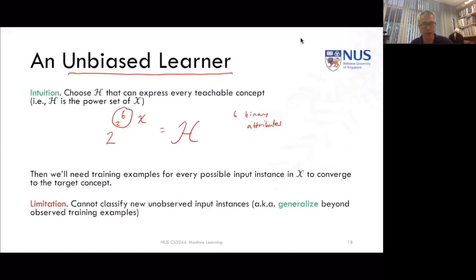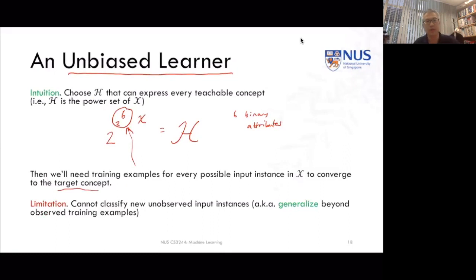So I wouldn't know ahead of time for any hypothesis whether it's going to mimic the target function, because I can set the target function any way I want. I can ask my friend and say, well, I like it or I don't. So we'll need training examples for all of the possible data items, all 2 to the 6, in order to converge to the target concept.